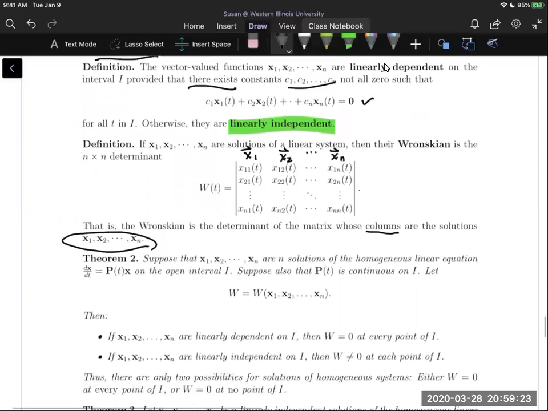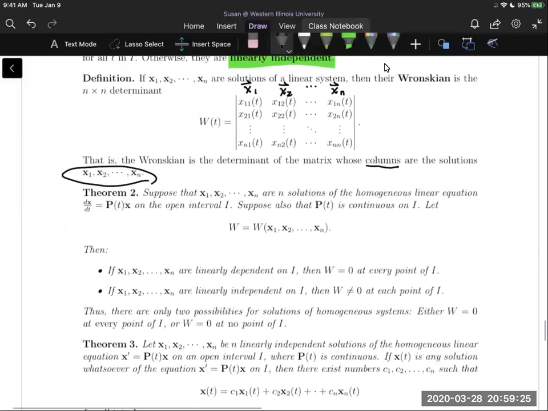So this brings us to our next theorem. How can we use the Wronskian to identify whether we're linearly independent or not? Theorem 2 says the following. Suppose that we have these n solutions to the homogeneous DE x prime equals P of t times x. We also want to suppose that that coefficient matrix P of t is continuous.